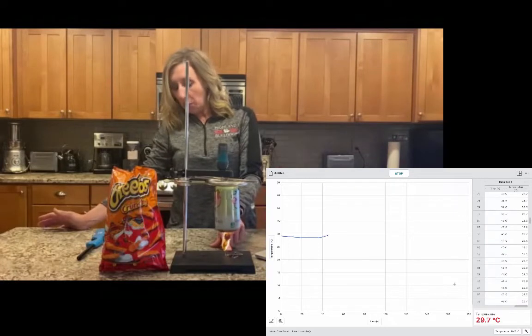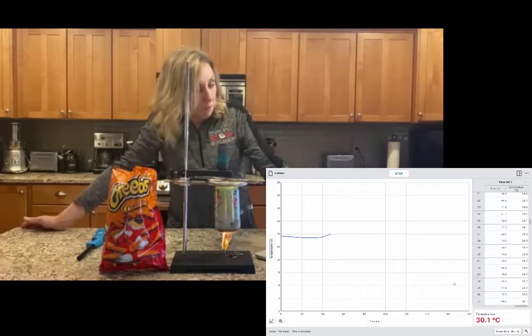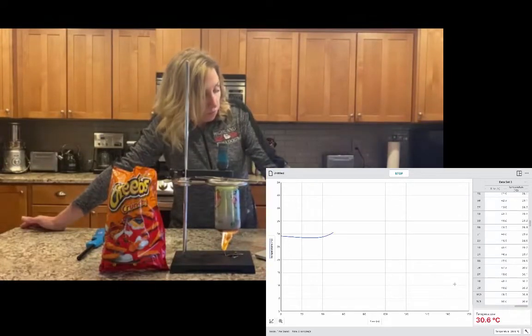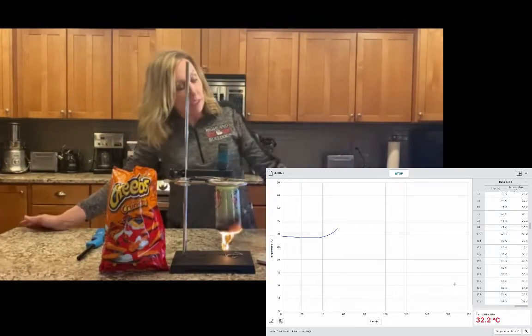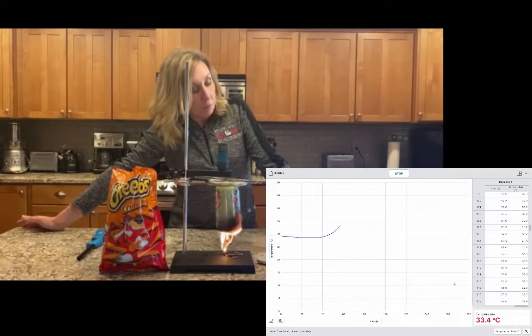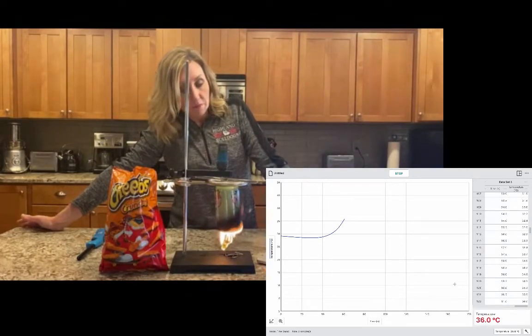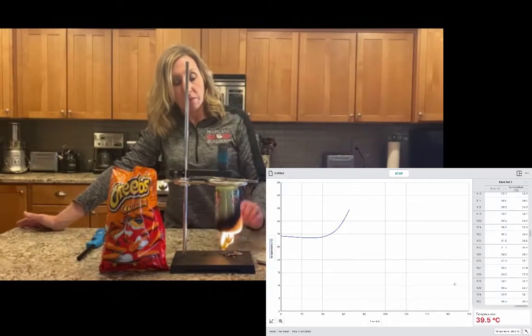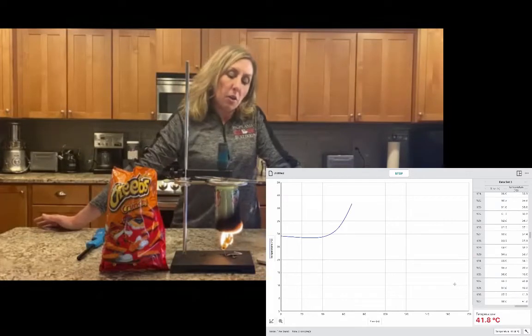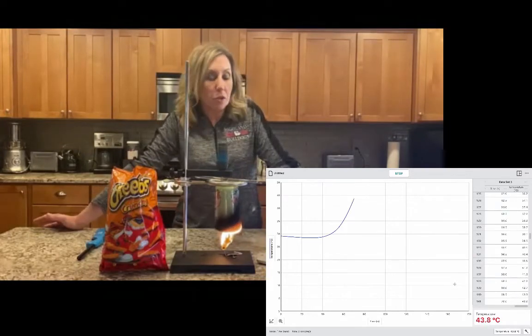My Cheeto this time was 1.33 grams. When you see this graph, you'll be able to see that the temperature is going up. Again, think about all the potential ways you could have sources of error here.